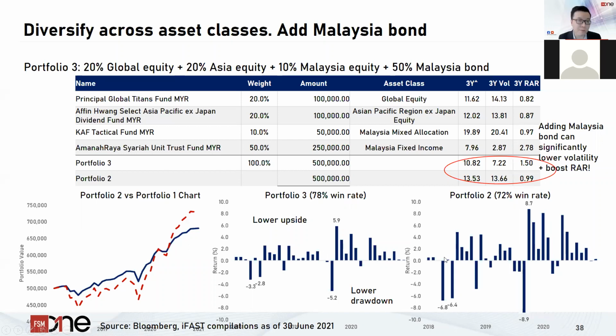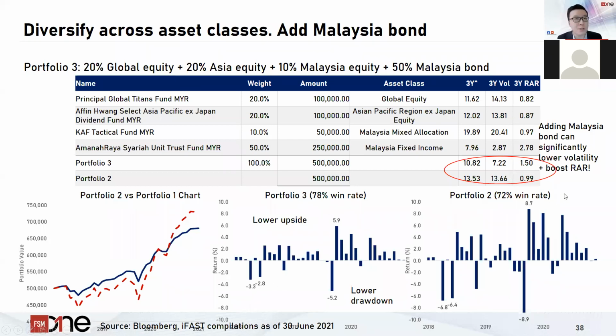If you remember from the previous slides, the full equity fund portfolio dropped as much as 8.9% in 1 month. But if you add in 50% bonds, it can help to weather your portfolio better during market downturns. It only dropped by 5.2%. This explains why the vol of the portfolio was reduced by so much.